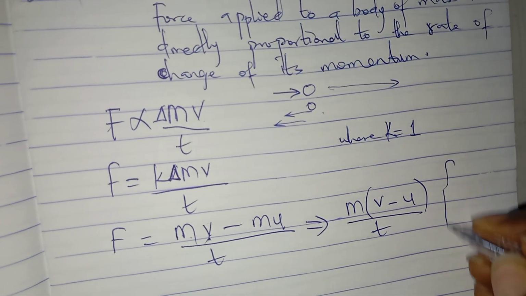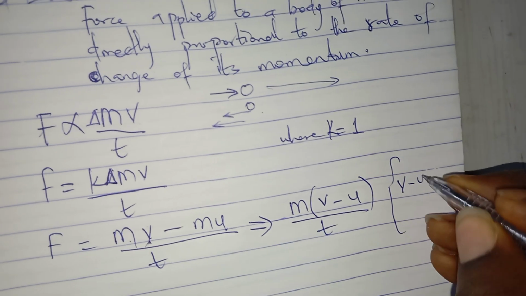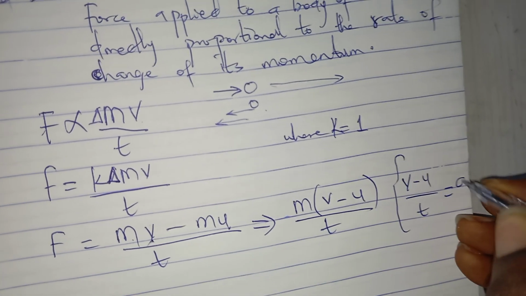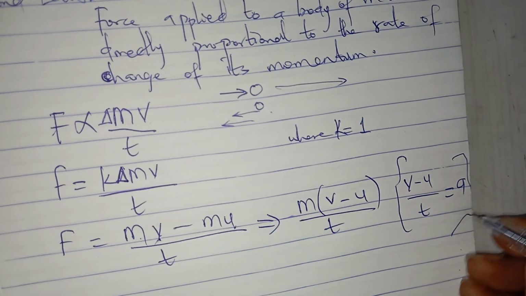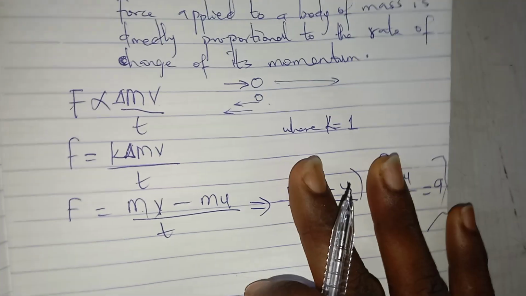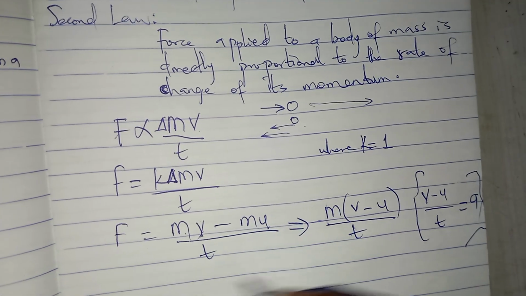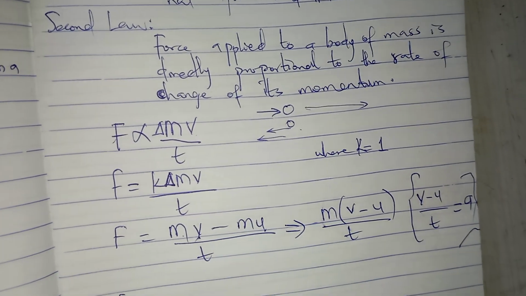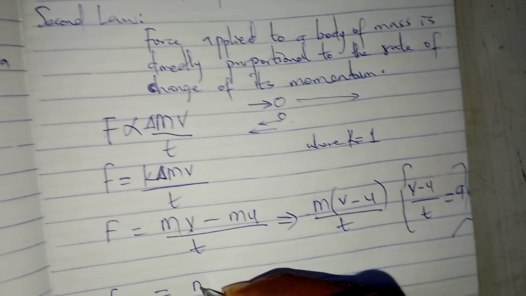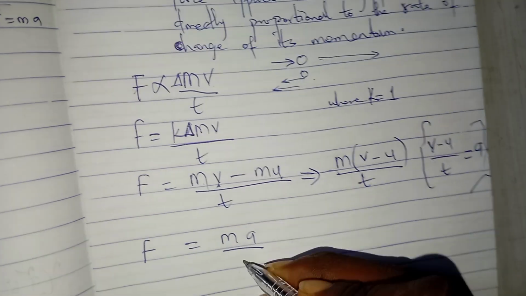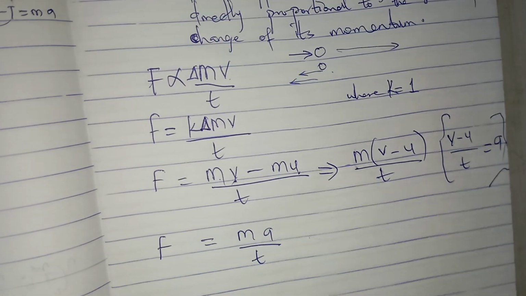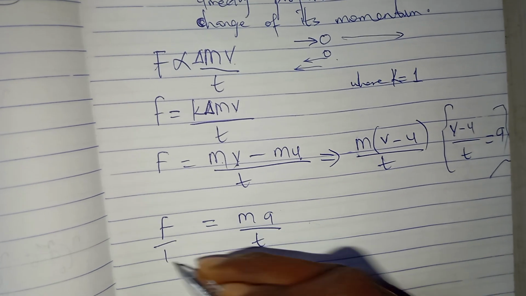Now notice that v minus u over T is the same thing as acceleration. So if we replace, this becomes F equals ma all over T. And anything standing on this one is over 1.